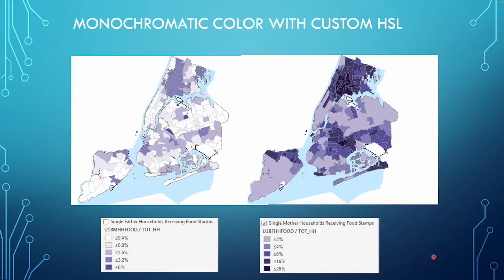But all right, so there are different ways of playing with these things. So here, these are both monochromatic maps, one color, but with different hue, saturation, and lightness. So we have more saturation and a darker value, or it's just darker, more saturation and more darkness in this right map over here, much more muted here.